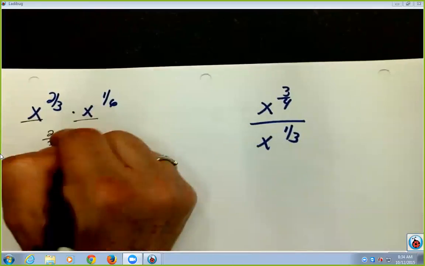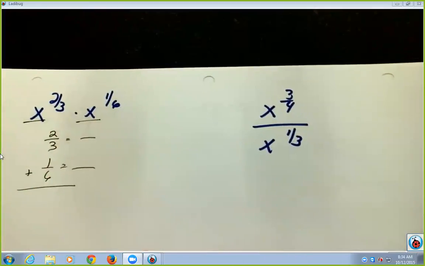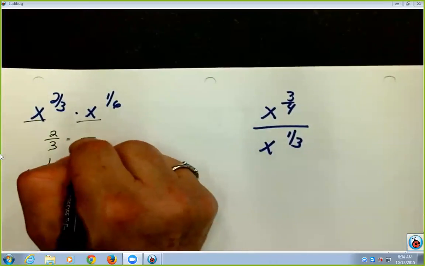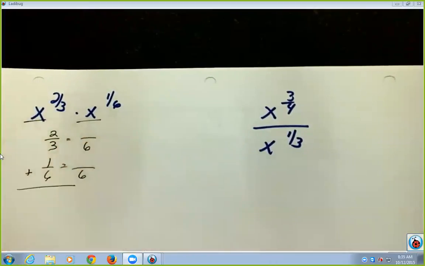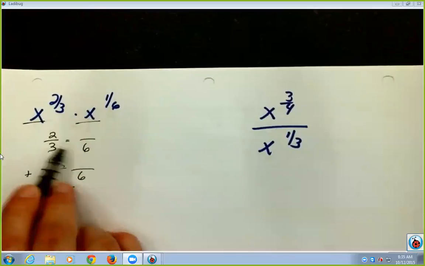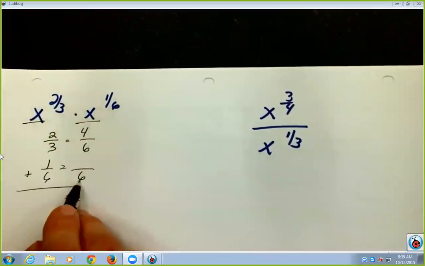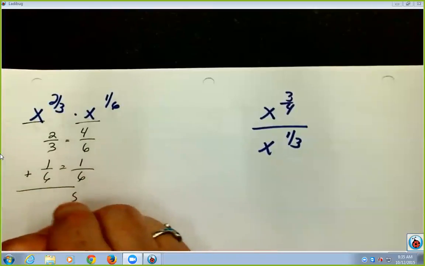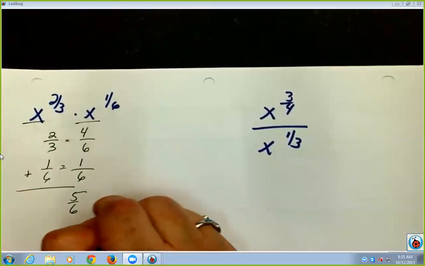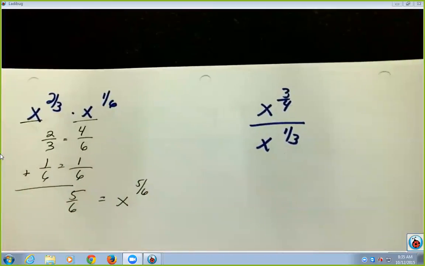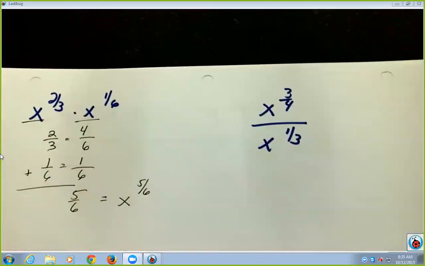So if I'm adding them, I need a common denominator. So what would my common denominator be? Of course, it's 6. Way back when we reviewed those, when we did stuff in chapter 7. 3 goes into 6 twice. 2 times 2 is 4. 6 goes into 6 once. 1 times 1 is 1. So 4 plus 1 is 5/6. So my answer is x to the 5/6. Does that make sense? Okay.